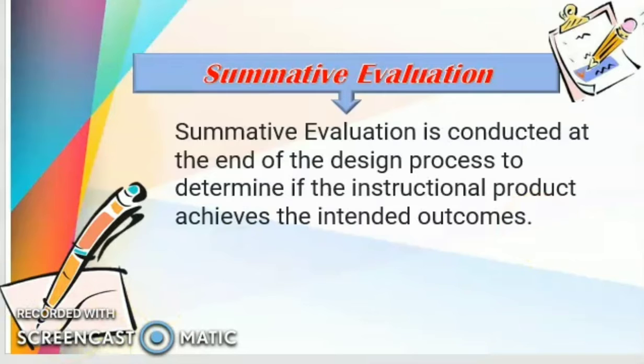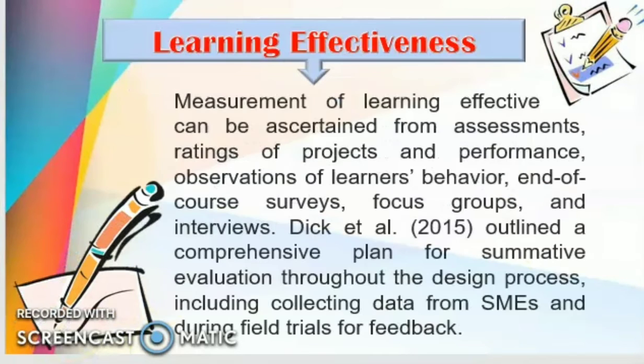So, learning effectiveness in summative evaluation. Learning effectiveness measures the learning and can be ascertained from assessments, ratings of projects, and performance observations of learners' behavior, and of course surveys, focus groups, and interviews.